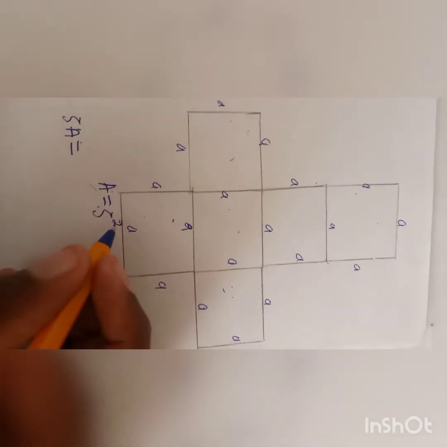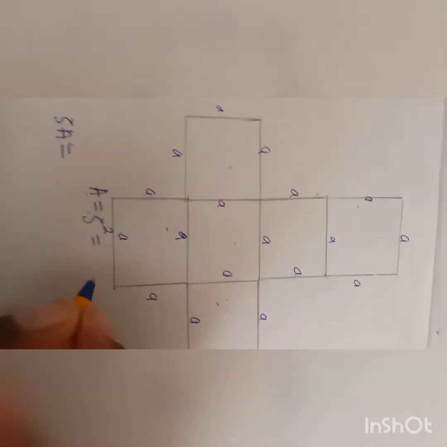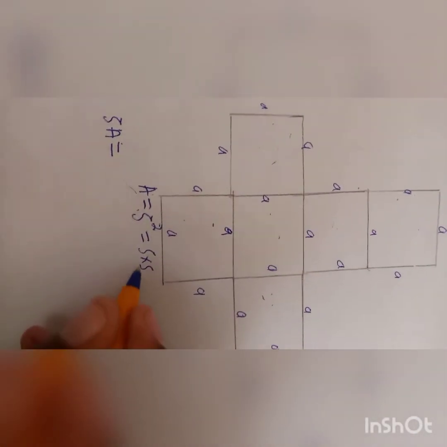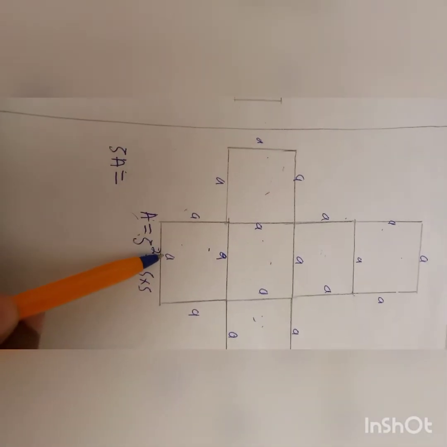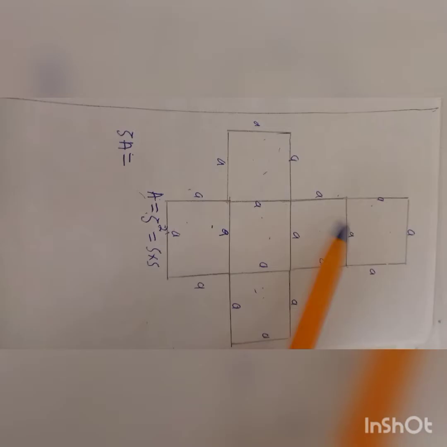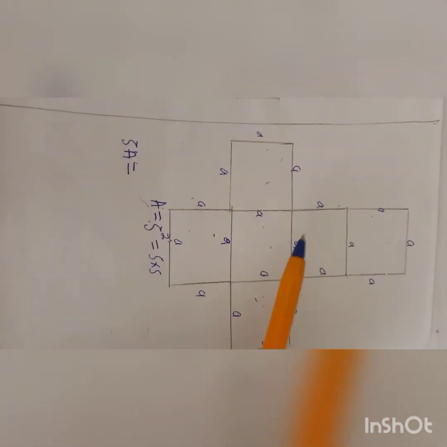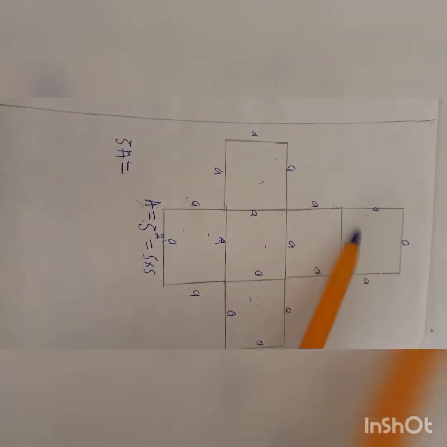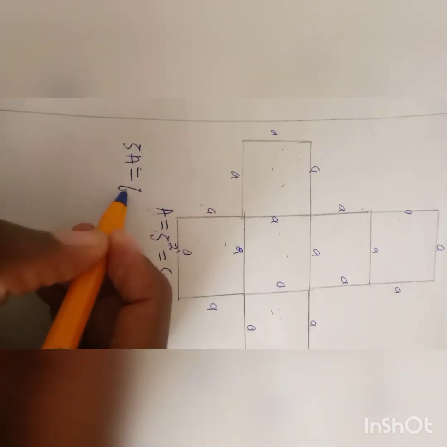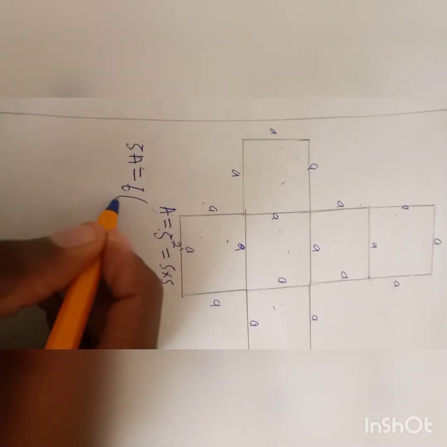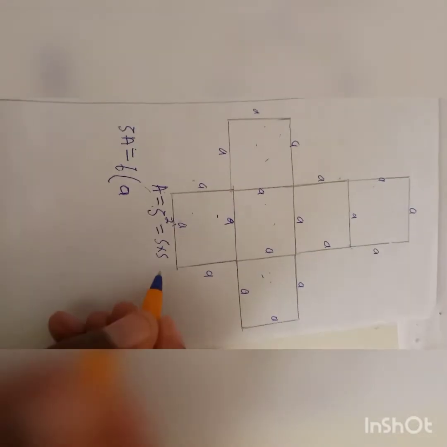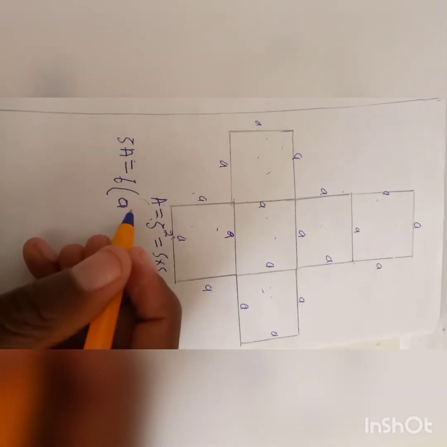the area of the square, which is side times side, so it's a times a. Because all the squares in this net are equal, and there are 6 (1, 2, 3, 4, 5, 6), the surface area will be 6 squares multiplied by a squared.